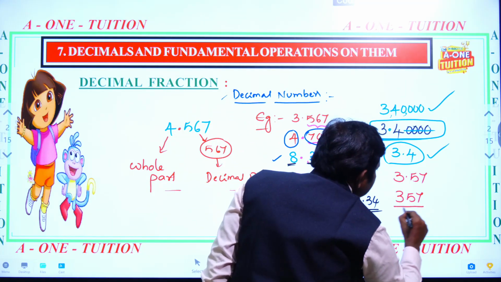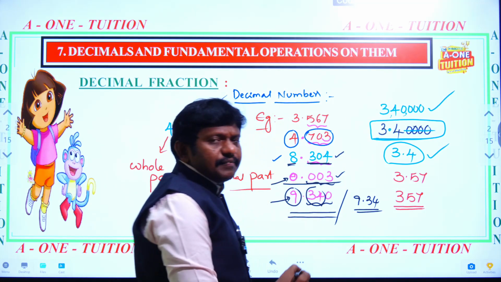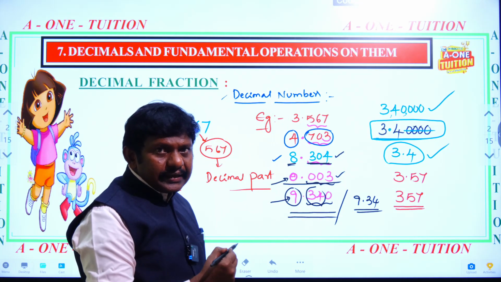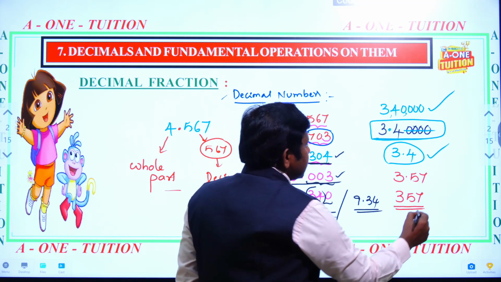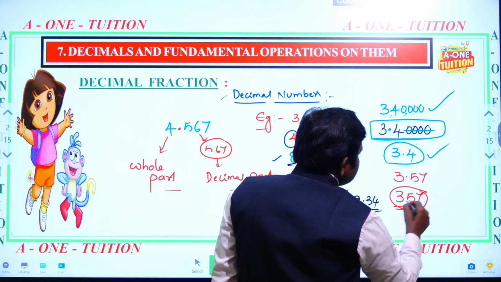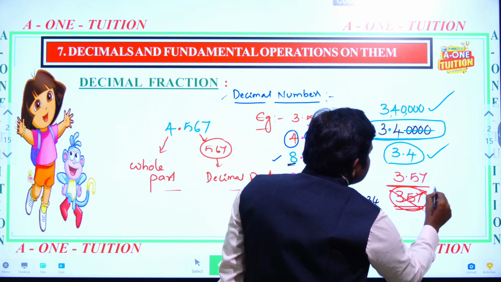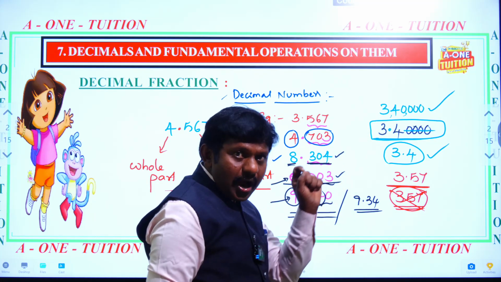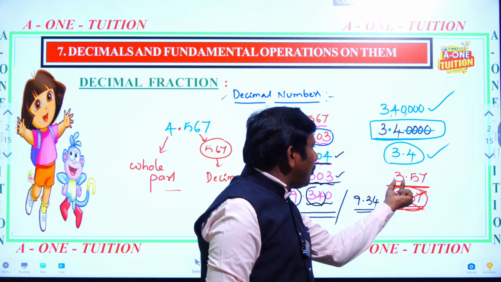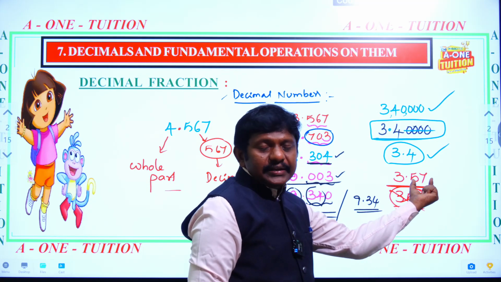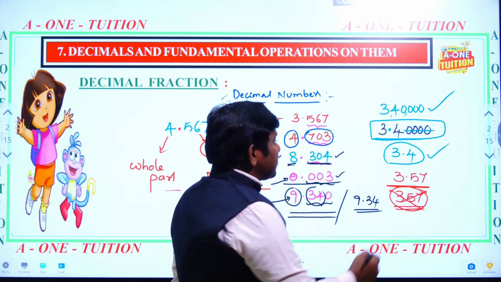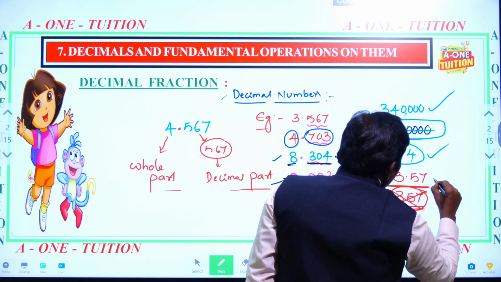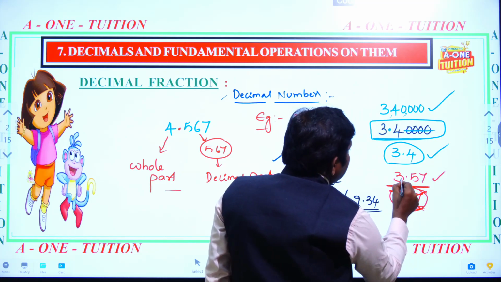This we know very well. This is 357, that is three hundred fifty-seven. So no doubt about this. Then what about the other? We should not read it like 3.57. No, that is not 3.57. So in what way do we need to read it exactly?